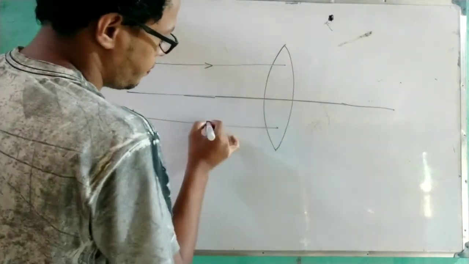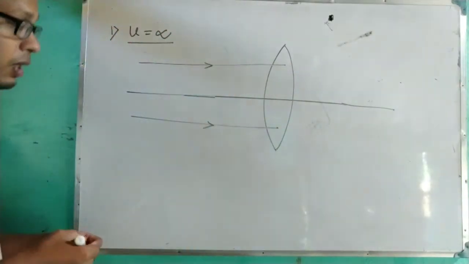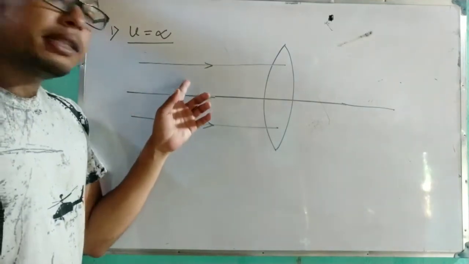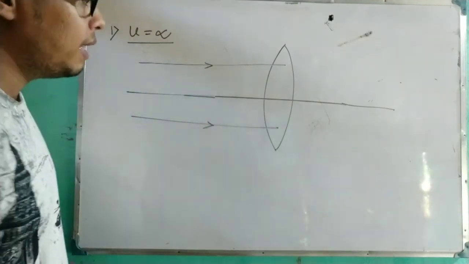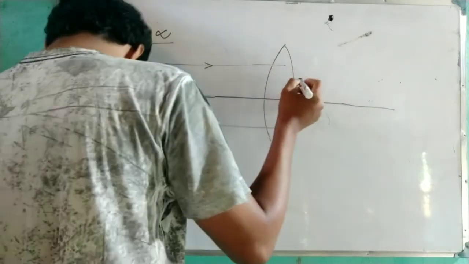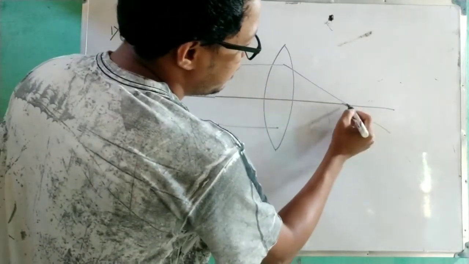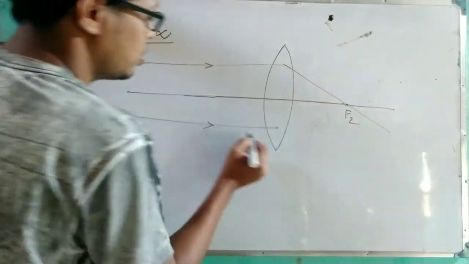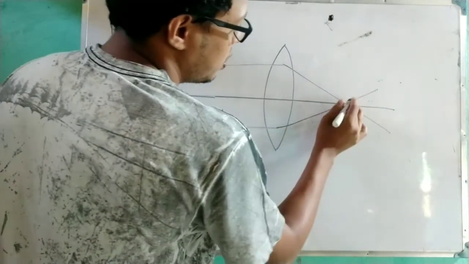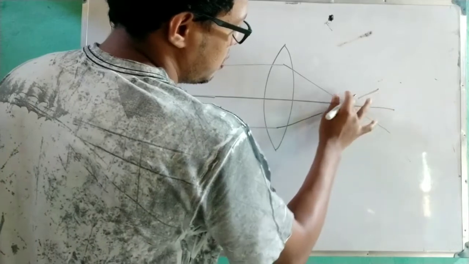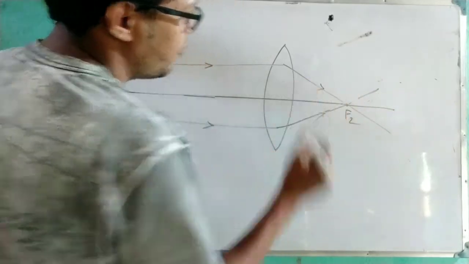As the rays are parallel with the principal axis, from the first law, after refraction it passes through the focus. Okay, this is the refracted ray.